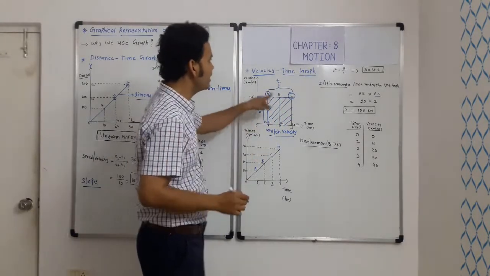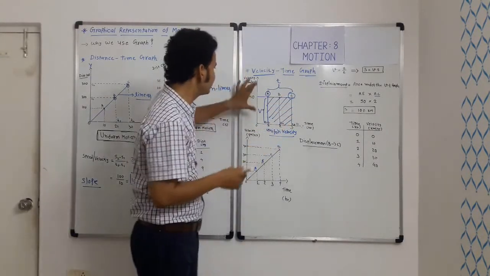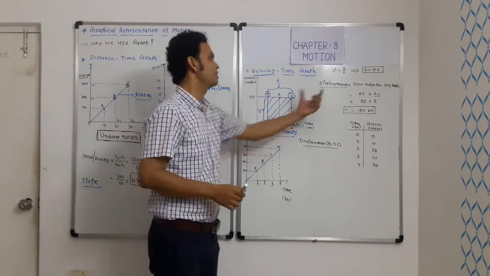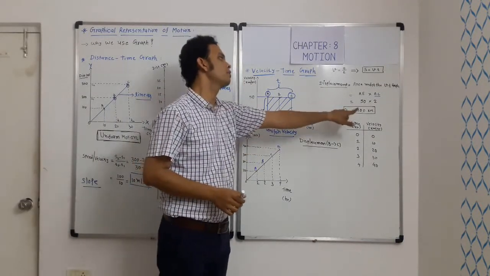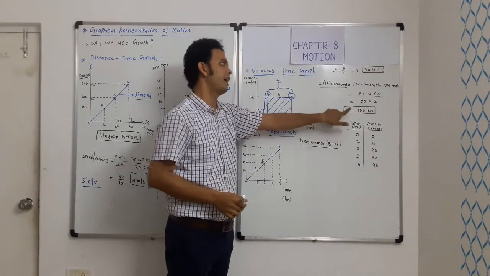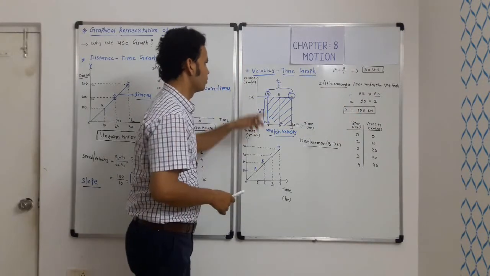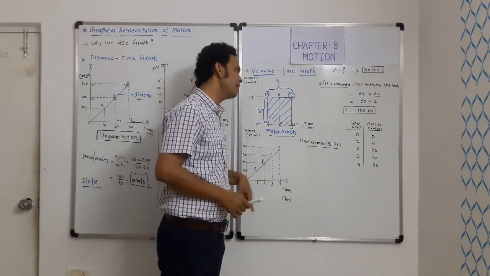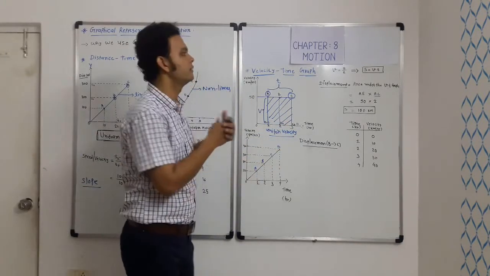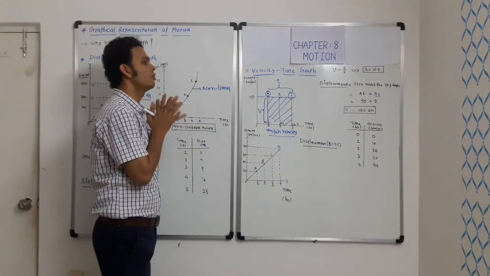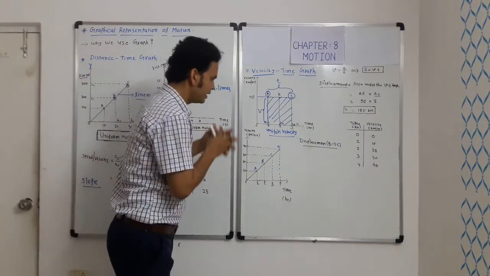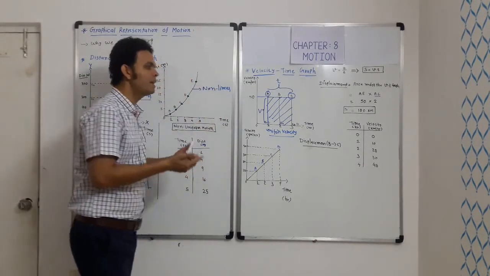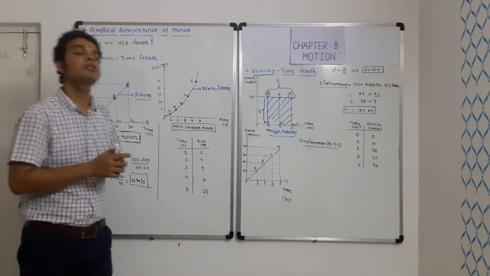So AE into AC. So velocity is here 50, time is 2 hours. So 50 into 2, that is 100, and it is in kilometers. So from t is equal to 1 to t is equal to 3 seconds, the displacement of the car is 100 kilometers.